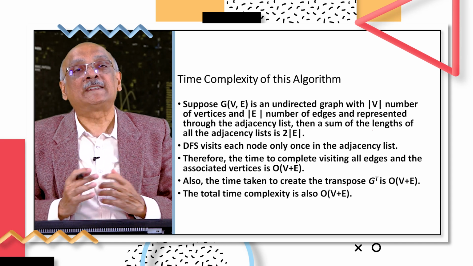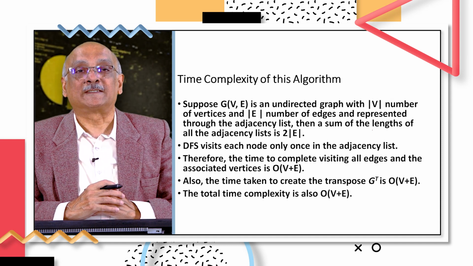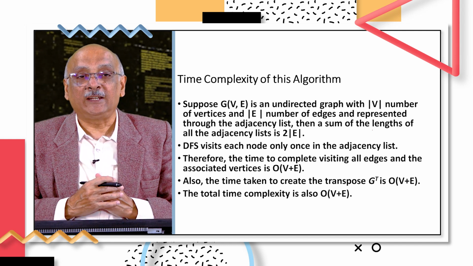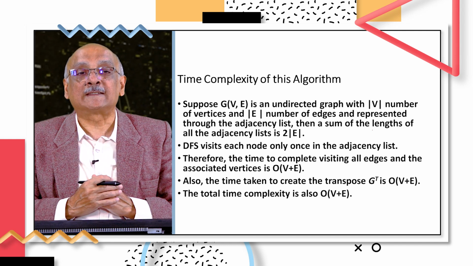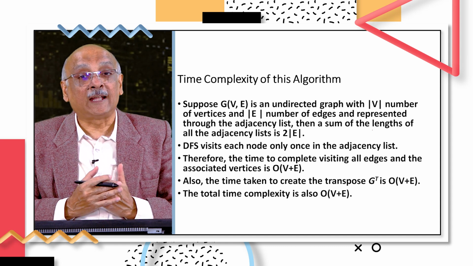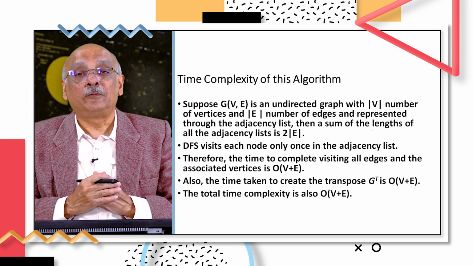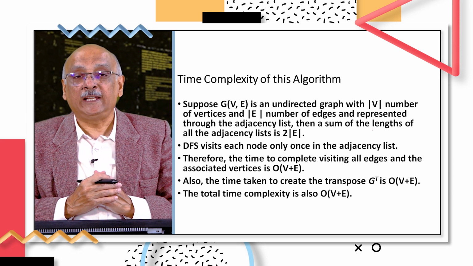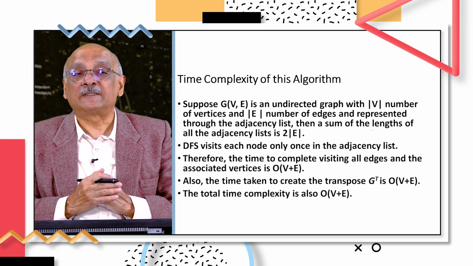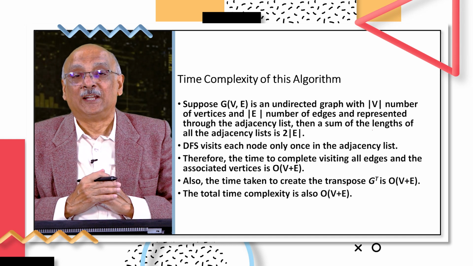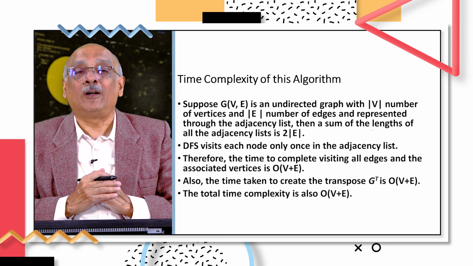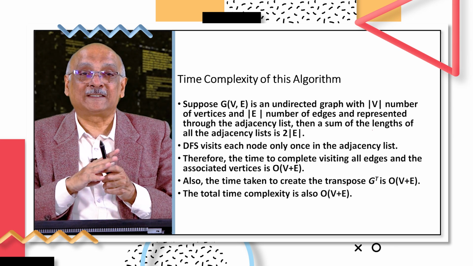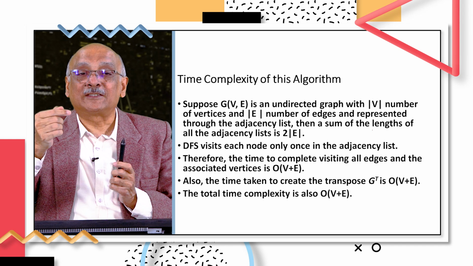Now, what is the time complexity of this algorithm? Suppose G, which is the graph with a set of vertices and set of edges, is an undirected graph with V being the number of vertices and mod E the number of edges, represented through an adjacency list. Then the sum of lengths of all adjacency lists is 2E, since each edge is represented twice.